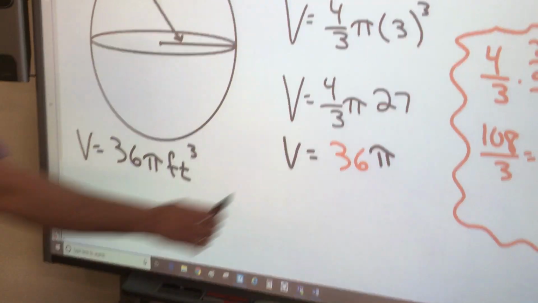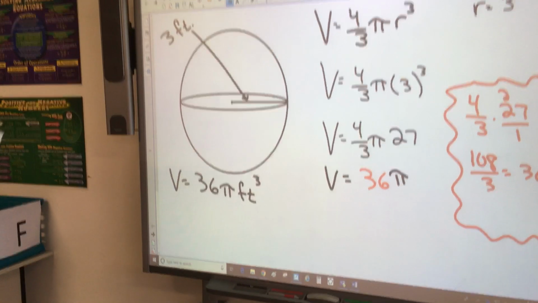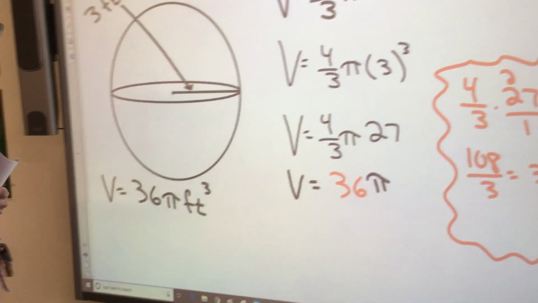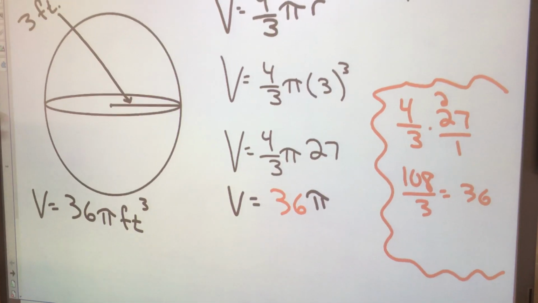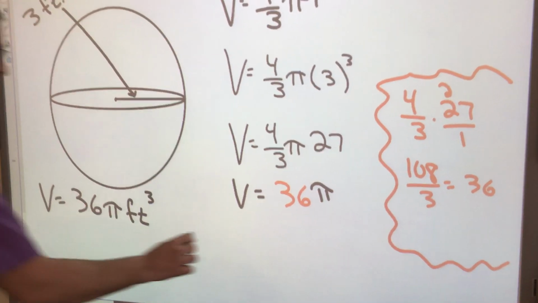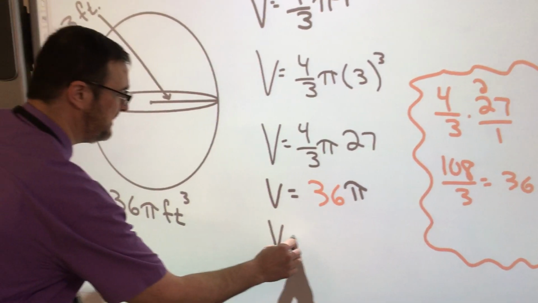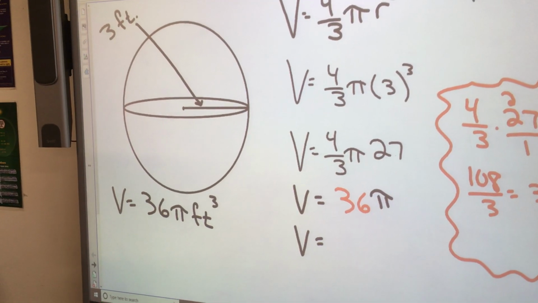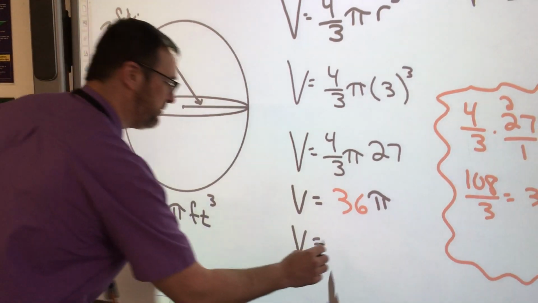Some people don't want the answer in terms of pi. If you're out in the real world, maybe you got to get a decimal approximation. You tell your boss, I'm going to cut the piece of wood at 36 pi, he's going to look at you weird, right? So let's put that into a decimal approximation in case we're dealing with real world things. Well, we know pi has a button on a calculator. If you don't have a pi button on a calculator, you can use 3.14.